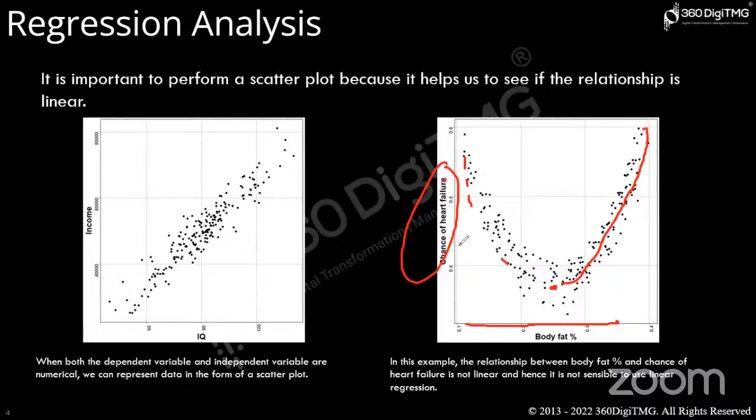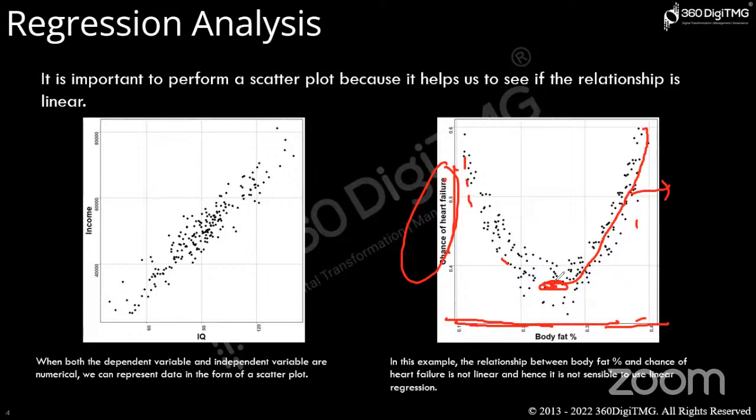So at one point when you have less body fat, that also increases your heart failure. You need to have a minimum body fat so that you can maintain a healthy life. Even if you have less body fat, that also increases the chance of heart failure. If you have body fat more than the limit, in that case also it will increase the chances of heart failure.